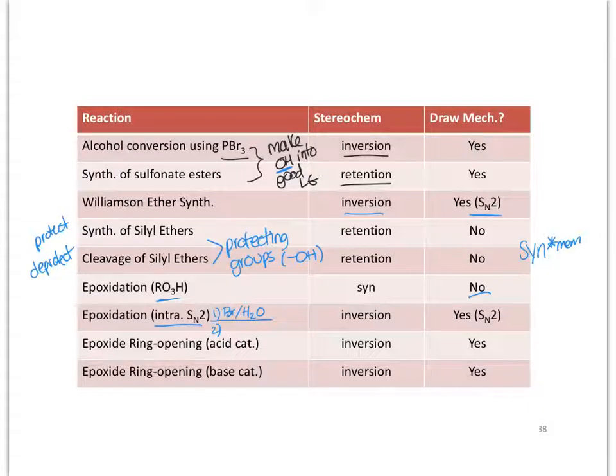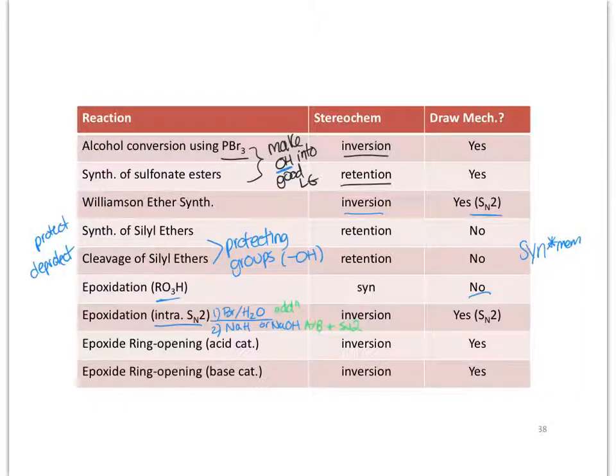So the bromine water to get the bromine and OH attached, and then base, like one equivalent of NaH or NaOH to be weaker. And that would make our epoxide, and yes, you're responsible for the mechanism of those. Both the addition, which was the first step, and then this was acid base, and then SN2. So, yep, responsible for the mechanism of that.